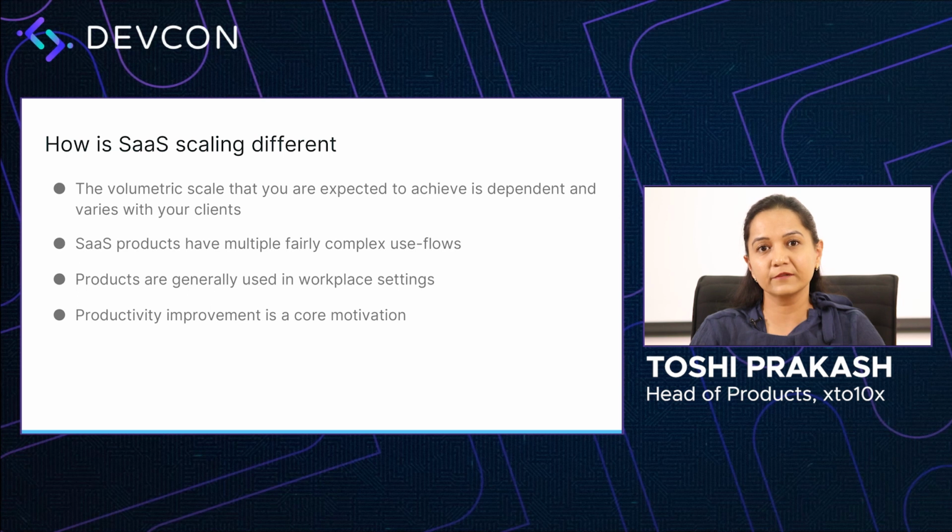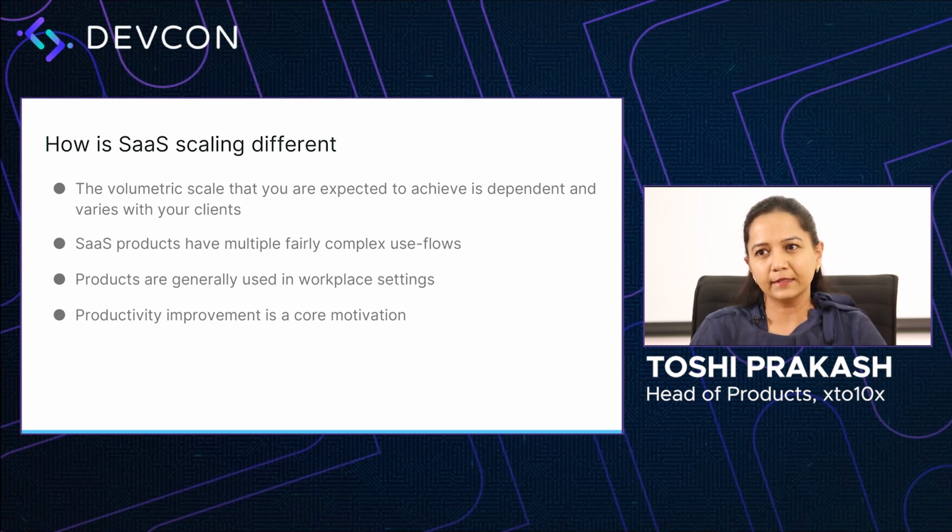Products are also used in workspace settings, so you need to comply with the regulatory requirement, with the audit trailing requirement, and any such requirement that are required at a workplace setting. You should build practices like making sure data isn't deleted inadvertently, and that people are not misusing the system in any manner.